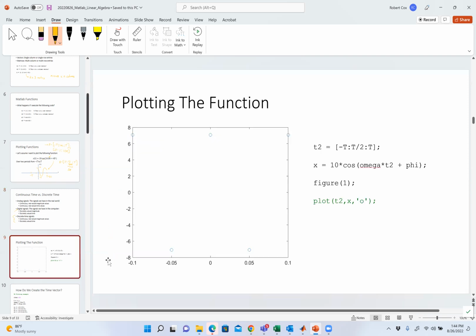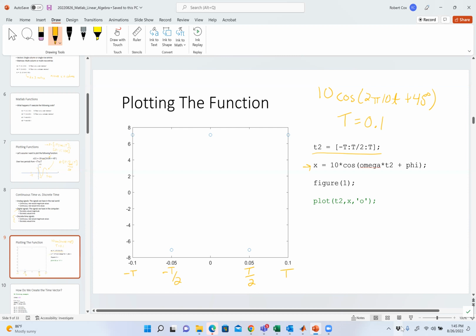So what I said the other day is, here's a piece of code where, for that same function, that 10 cosine 2 pi 10 t plus 45 degrees, I made a t vector that starts at negative T, increases in steps of T over 2, and stops at T. If my capital T, the period of this, was 0.1, then along the x-axis of this plot, this is negative T, this is negative T over 2, that's 0, that's T over 2, and that's T. I made a plot where I put the values of this function at those points.